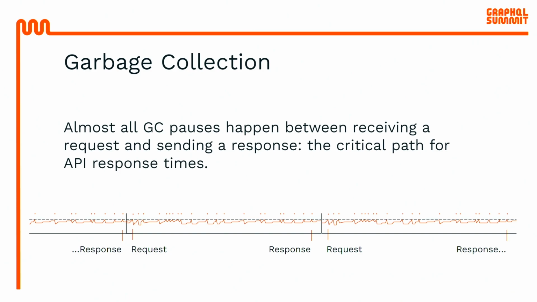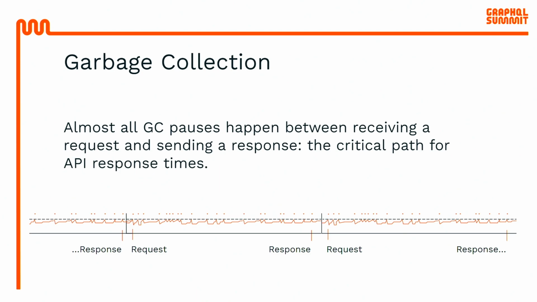So you are inheriting the memory allocation of the previous request, and you already start very close to the threshold. Very quickly, the garbage collector is activated and pauses your execution, even though you don't need this memory anymore. It's from the previous request, just waiting for garbage collection to free it up.